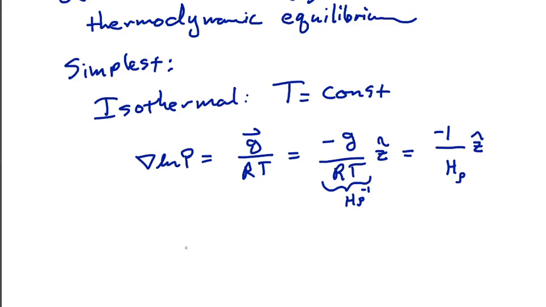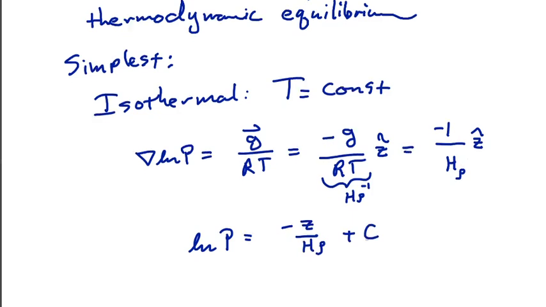And then this is a simply integratable system, and we get that log p is equal to minus z over H_ρ with some integration constant.